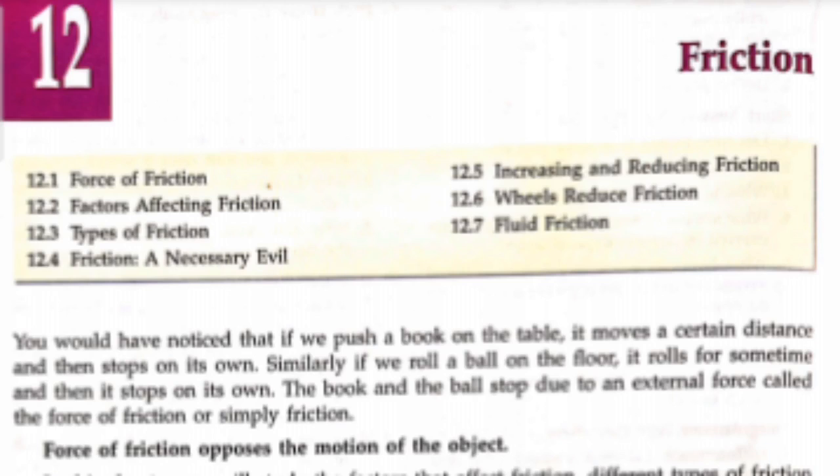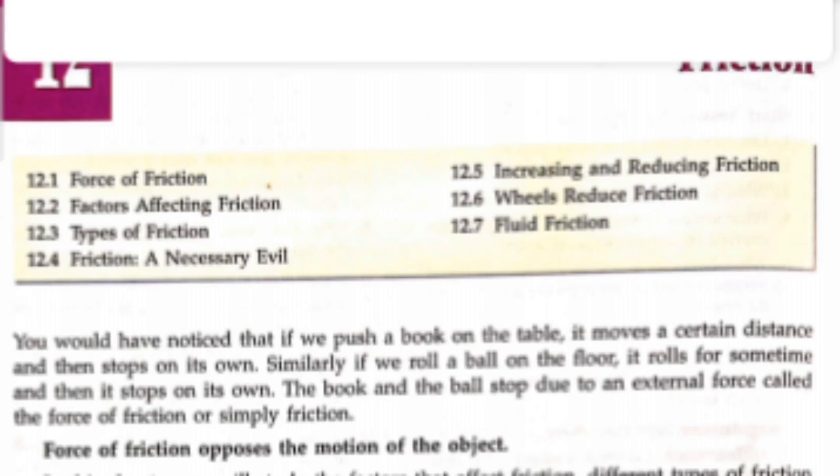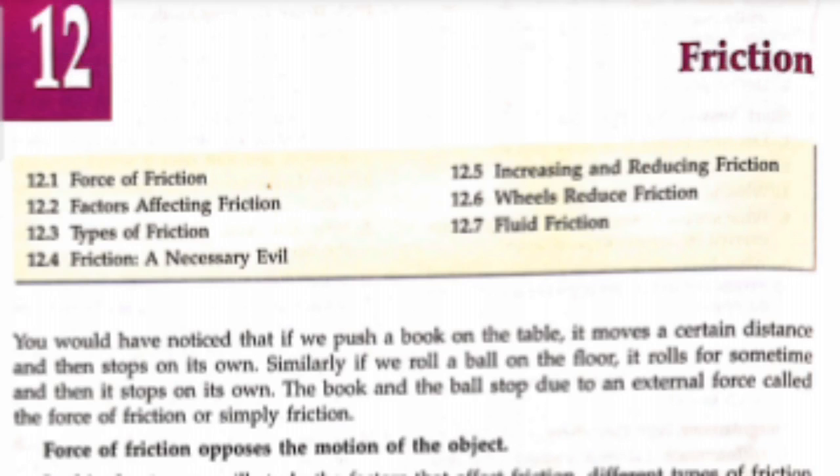When any vehicle comes from the forward direction, we have to apply the brake. Seeing an object ahead we apply the brake, seeing pits and potholes we apply the brake. It also depends on you when you have to apply the brake, you know very well. So it creates an opposite force to the direction of the motion. So the force of friction opposes the motion of the object. The direction of the force of friction is always opposite to the direction of motion.